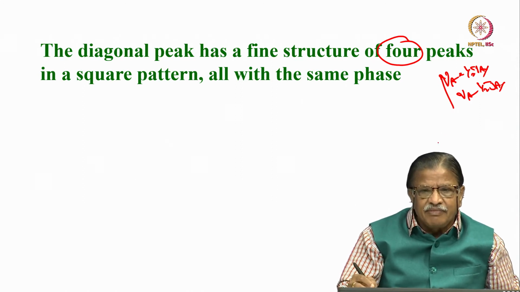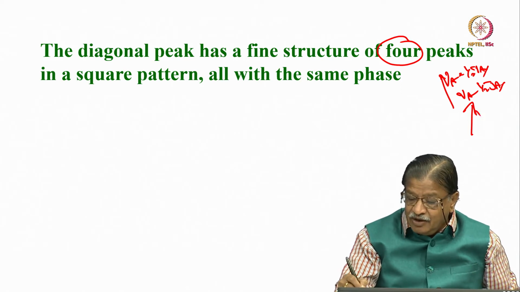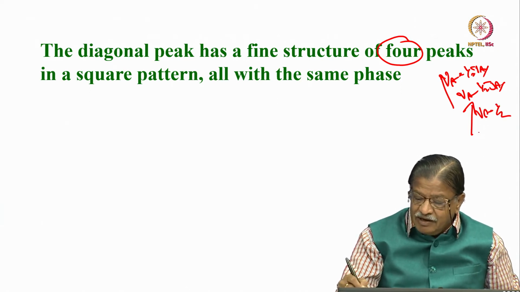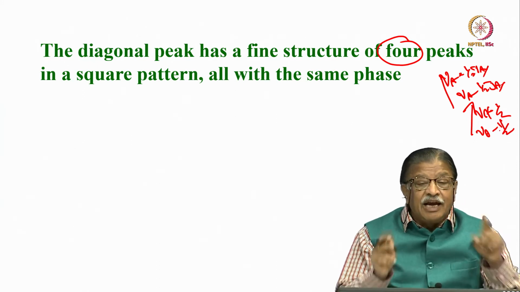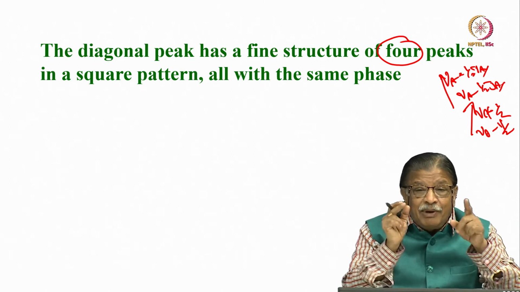Similarly, in the F2 dimension, it evolves at nu A plus half JAX and nu A minus half JAX. That means, in both F1 and F2 dimensions, you get doublets.